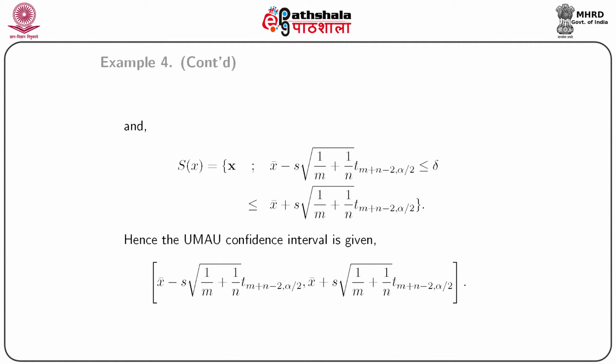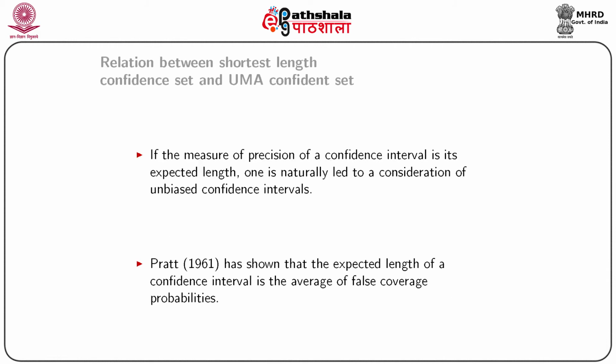Hence the UMAU confidence interval for delta is given by the interval x bar minus S into root of (1 by m plus 1 by n) into t m plus n minus 2, alpha by 2, comma, x bar plus S into root of (1 by m plus 1 by n) into t m plus n minus 2, alpha by 2.